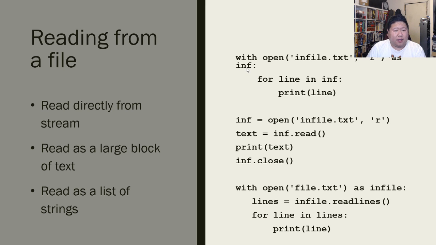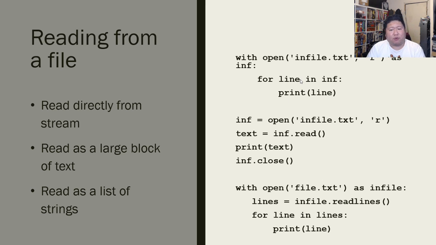Now, reading directly from the stream, I can grab this file stream, this INF file, and I can go line by line. So for each line, I can print out the line directly. I'm just taking the file and using the stream itself to automatically read the stuff in.